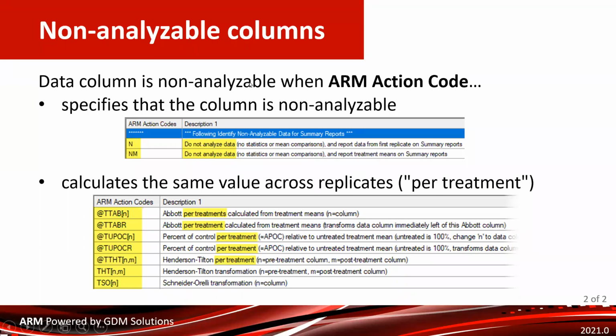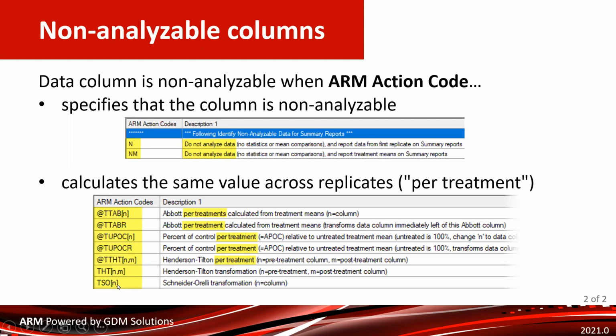And so non-analyzable is referring to a data column that has an action code basically marking it as non-analyzable. So N and N to M in a trial will say, I don't want to analyze the data. This column is just here for appearances or what have you. Maybe it's used in another calculation. So we just report certain information on the report, but I don't want it statistically calculated.